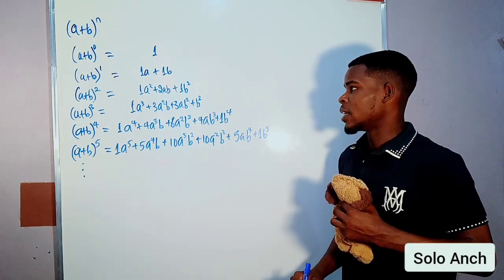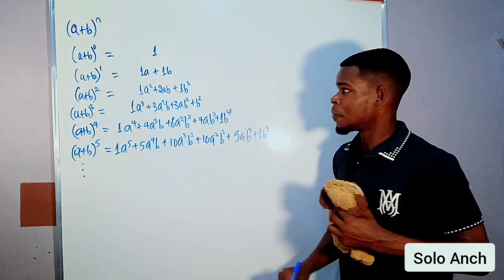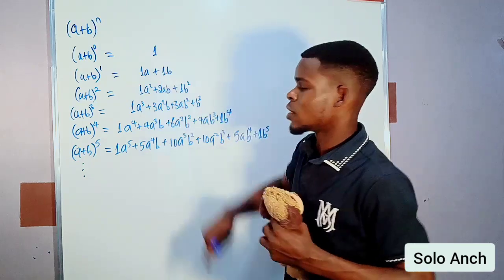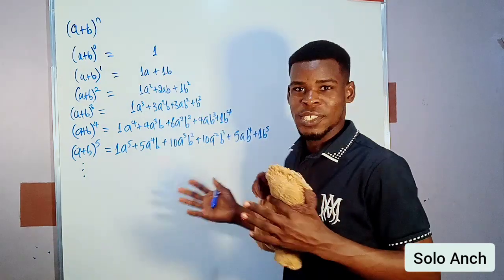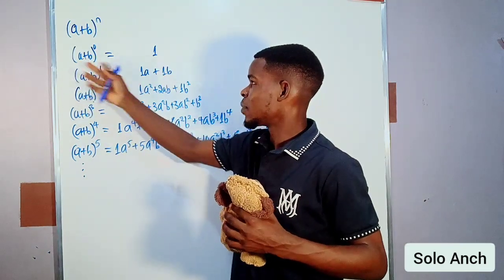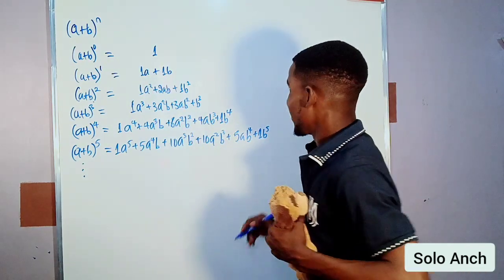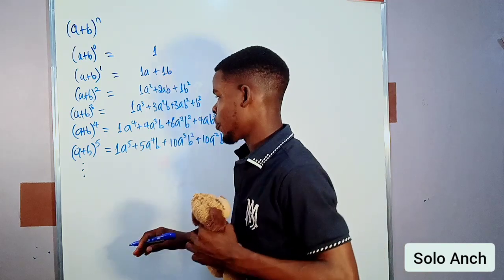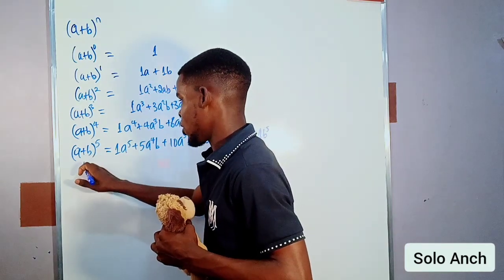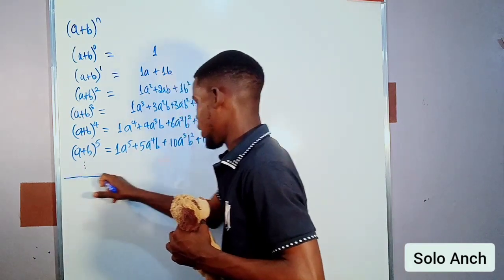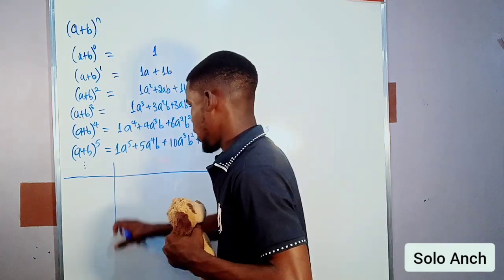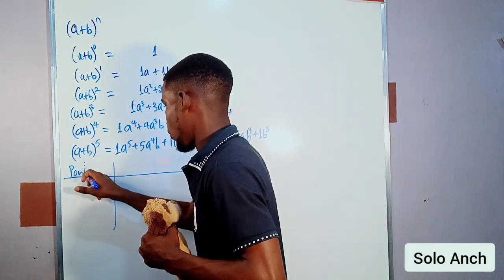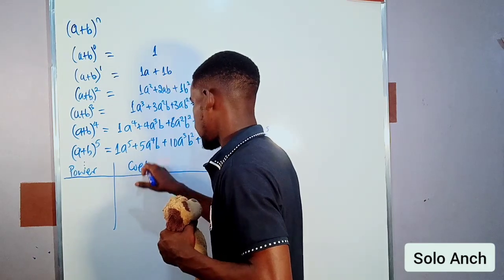Let's start off with the coefficients. The coefficient here is just 1. This is the coefficient of (a + b) raised to the power of 0. Let me make a table which will contain our powers and then our coefficients, with a column for power and a column for coefficients.